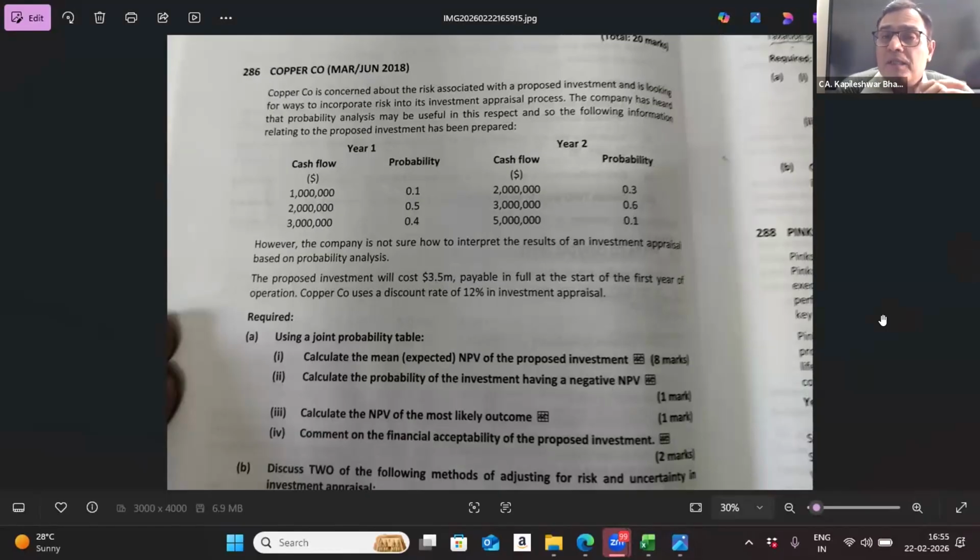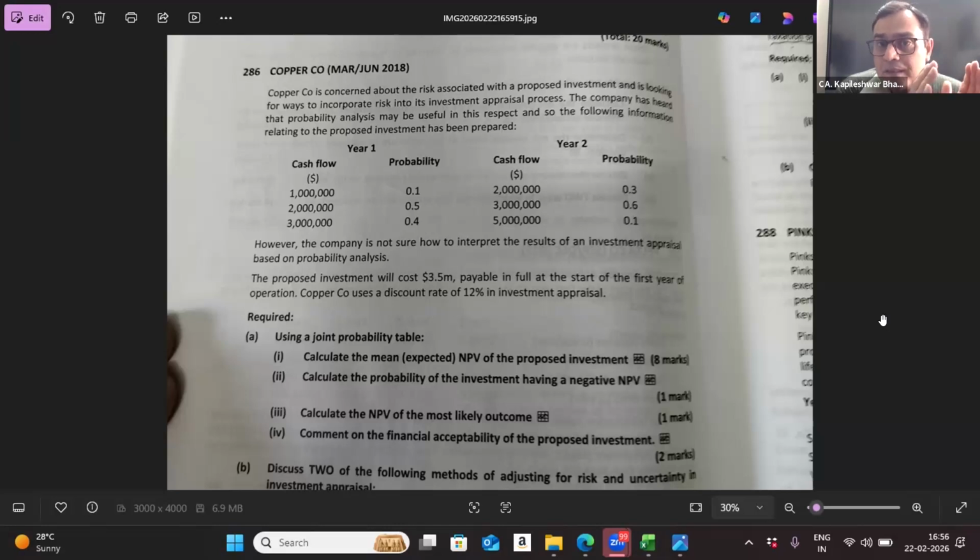It says Copper company is concerned about the risk associated with the proposed investment and is looking for ways to incorporate the risk into the investment appraisal process. The company had heard that probability analysis may be useful in this respect. So the following information relating to the proposed investment has been prepared.